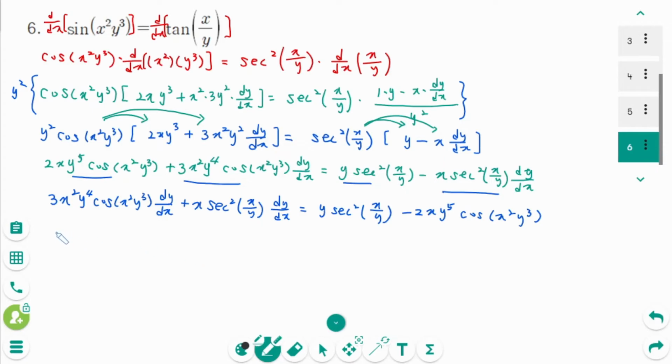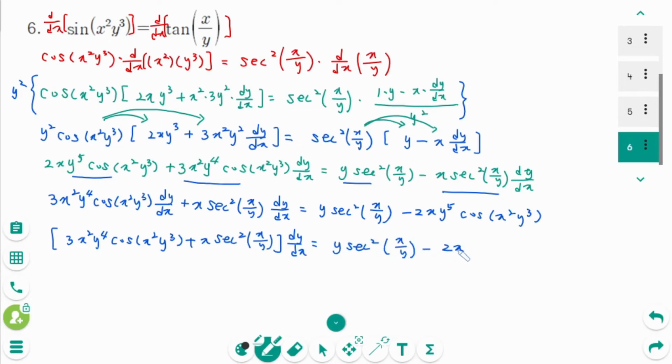Then you can factor 3x squared y to the power of 4 cosine x squared y cubed plus x secant squared x over y times dy/dx equals, keep the right side, y secant squared x over y minus 2xy to the power of 5 cosine x squared y cubed.